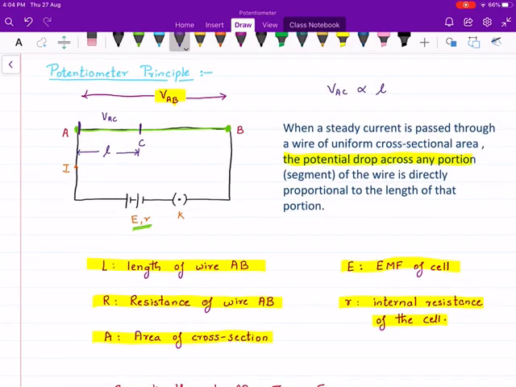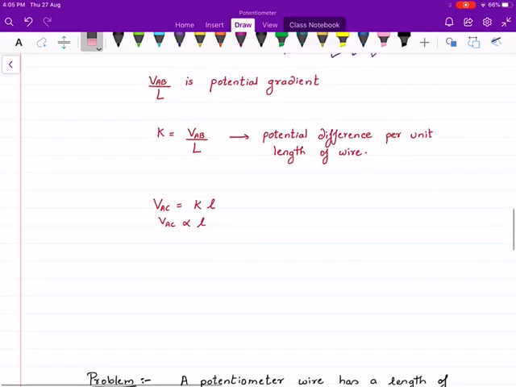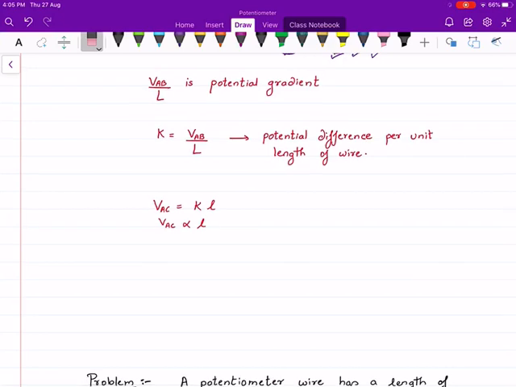Now let's try to find this VAC. We wanted to prove that VAC is proportional to L, no? So let's try to do that. What will be the potential drop across VAC? I can use the same thing. If for unit length the potential drop is K, then for length L, what will it be?